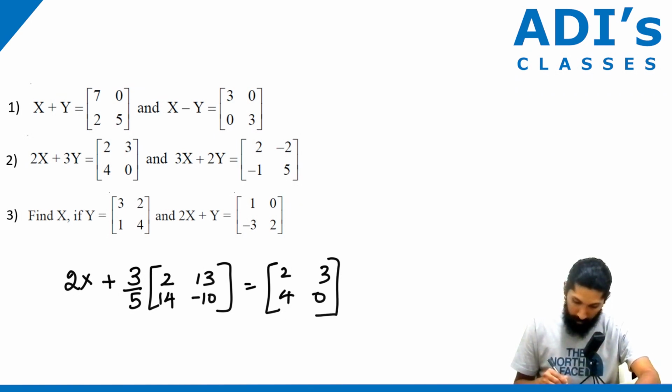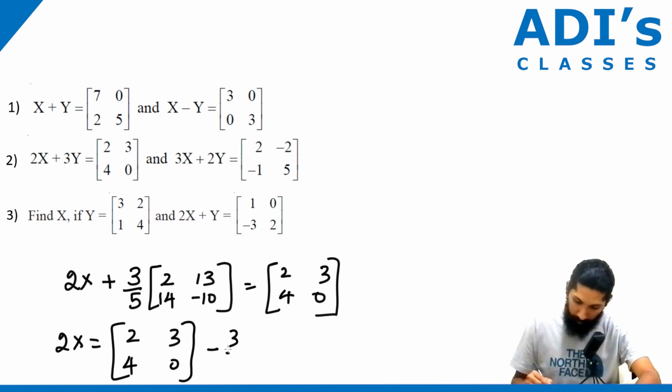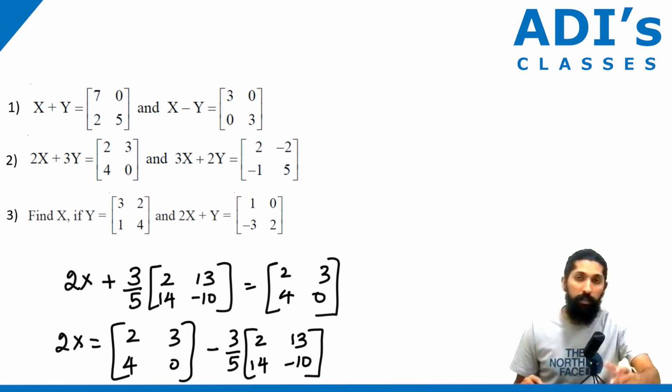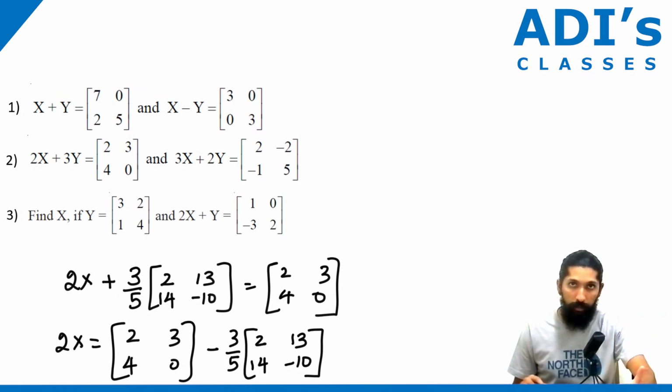So 2x is equal to 2, 3, 4, 0 minus 3 by 5 times 2, 13, 14, minus 10. Okay, now there are two ways of solving this. One is you can take the LCM. LCM is the easiest way and you can just solve it directly.